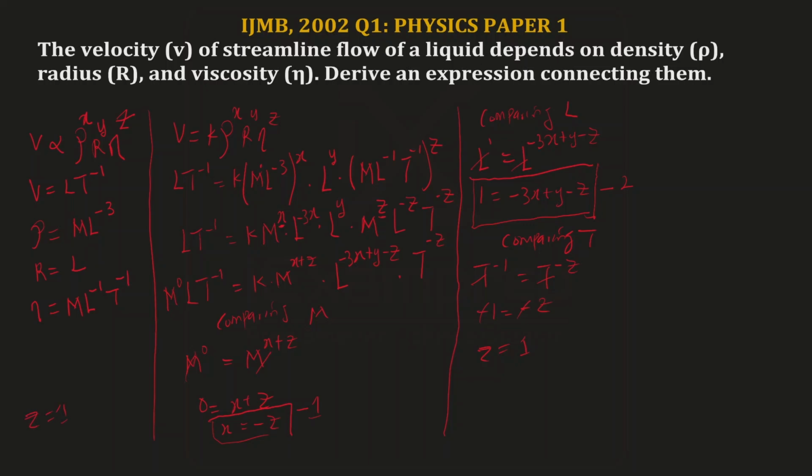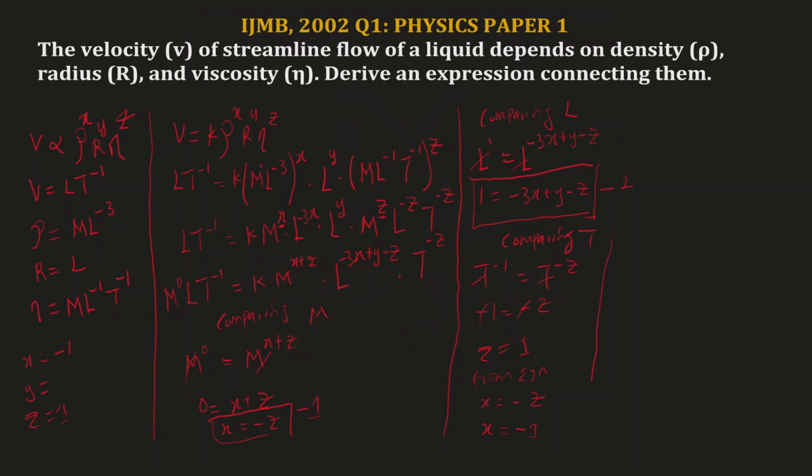Now from equation 1, we have x equals negative z. Since z is 1, it means that x equals negative 1. The last thing we look for now is y.